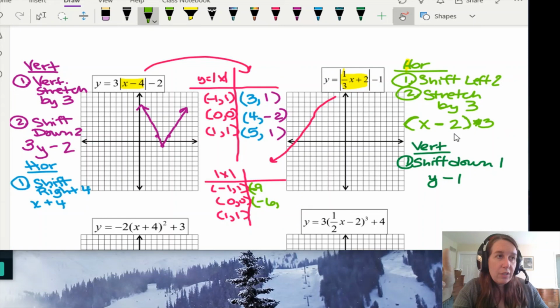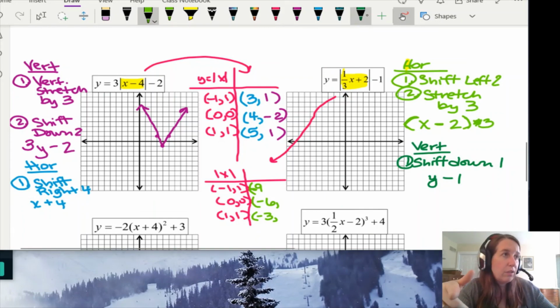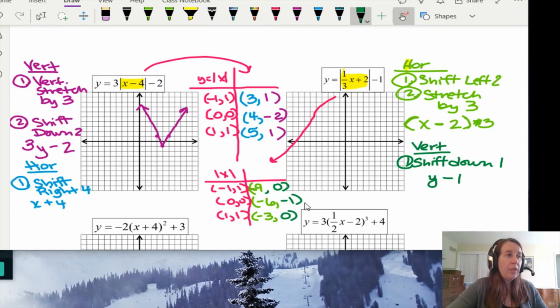All right, and then for the y's, all I have to do is subtract 1 from each y value. So 1 minus 1, oh, let's get that other darker green color for the y's. 1 minus 1 being 0, 0 minus 1, -1, 1 minus 1, 0 again. Okay, let's plot this and see how it turns out.